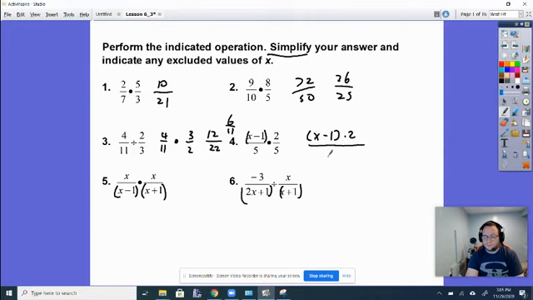Times 2 over 25. Now here I would definitely check and see if you can cancel something. We can't. So I'm just going to distribute this 2. I'm going to get 2x minus 2 over 25. I'm going to hold off on the second two for right now. You'll see why later, because I'm going to go through the process on how to do those.